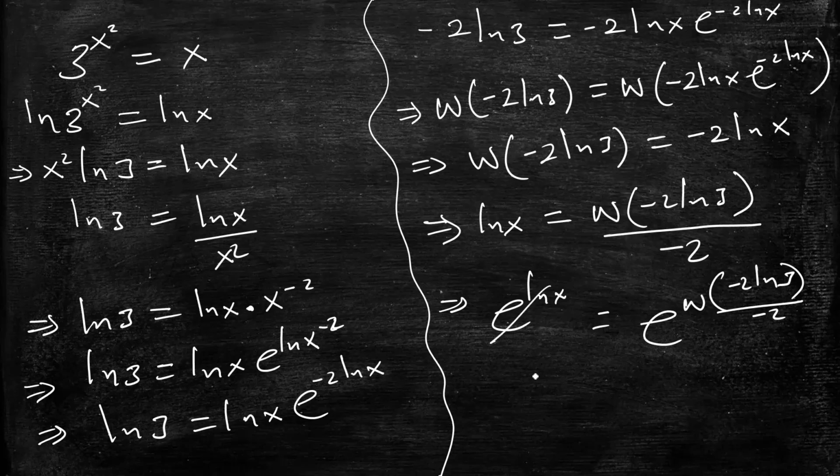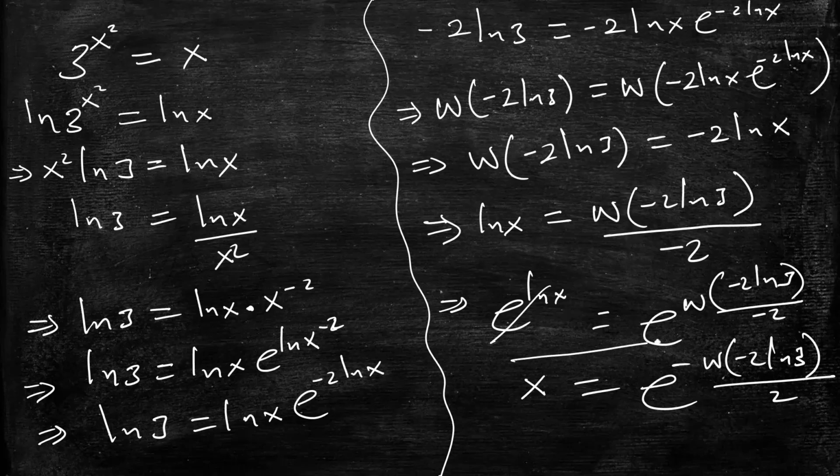So this side will leave x equals. You can choose to write this as e to the negative ln of 3 all over 2. So this is the final answer.